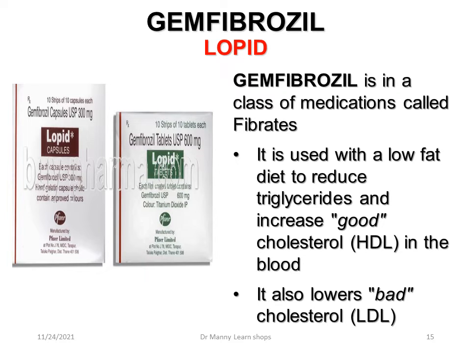Now, one example of a fibrate is gemfibrozil, and this is a class of medication that we already said was a fibrate, and it's used with a low-fat diet, as all these medications are, to reduce triglycerides and essentially to increase HDL, the good cholesterol in the blood. But in conjunction with increasing HDL, it therefore lowers bad cholesterol, LDL, or low-density lipoproteins.